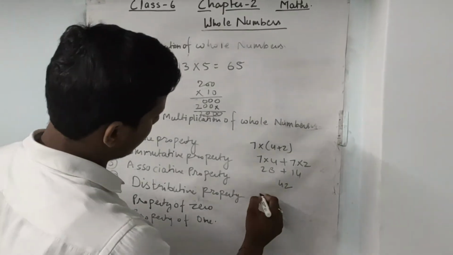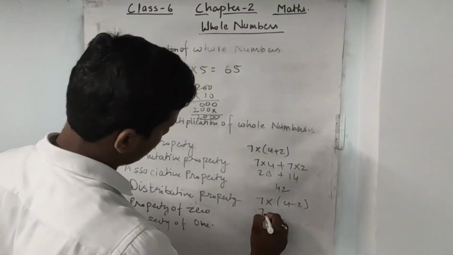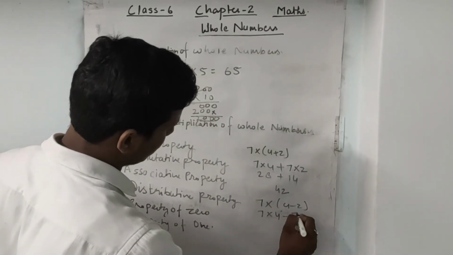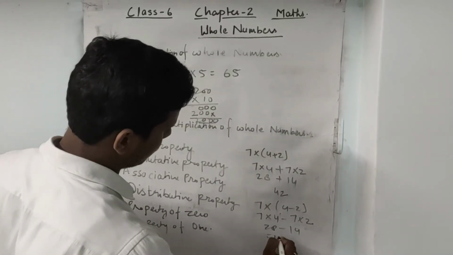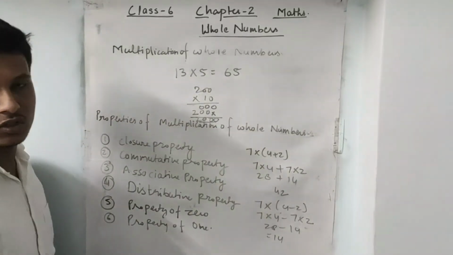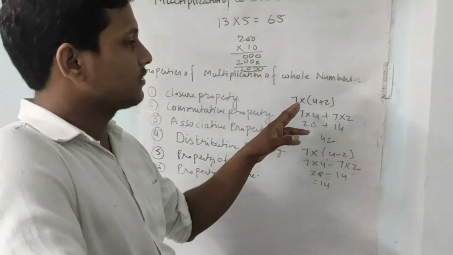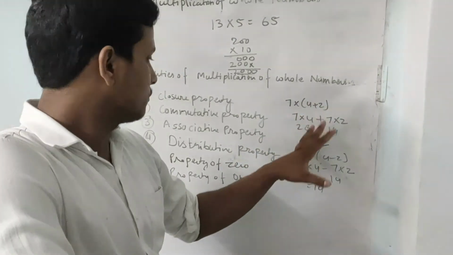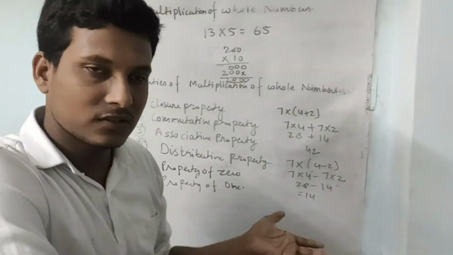The same thing we can do for subtraction also, 4 minus 2: 7 cross 4 minus 7 into 2, 28 minus 14, that is 14. So that is the distributive property, meaning multiplication distributes over addition or subtraction.